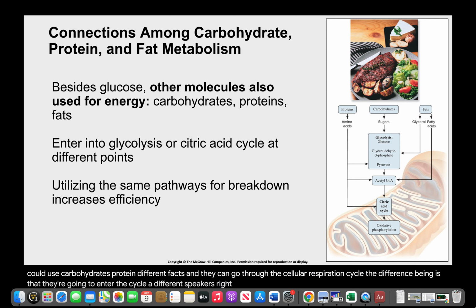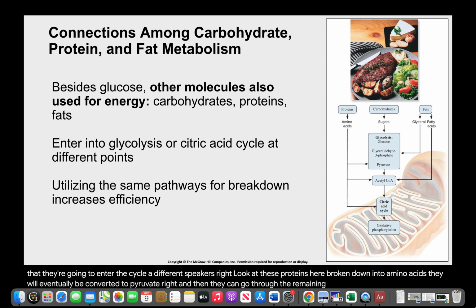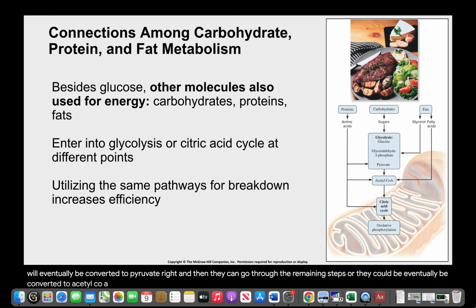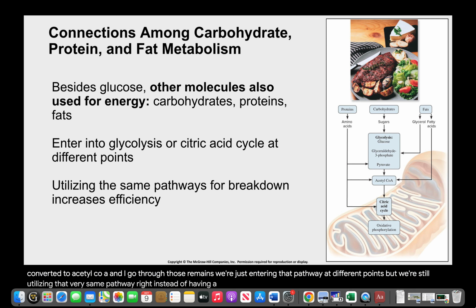For example, if we look at these proteins here broken down into amino acids, they will eventually be converted to pyruvate, and then they can go through the remaining steps. Or they could eventually be converted to acetyl-CoA and then go through those remaining steps. They're just entering that pathway at different points, but we're still utilizing that very same pathway, instead of having a different pathway for carbohydrates and a different pathway for proteins, because utilizing that same pathway really increases efficiency.